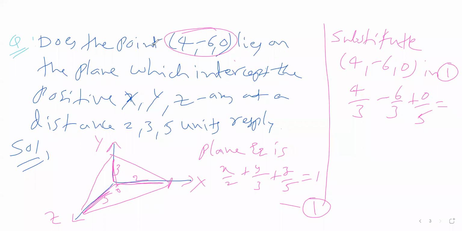However, my aim is 1, and this is not equal to 1. Therefore, what can I conclude? We can conclude that (4, -6, 0) does not lie on the given plane. So this is the answer for this problem, right?